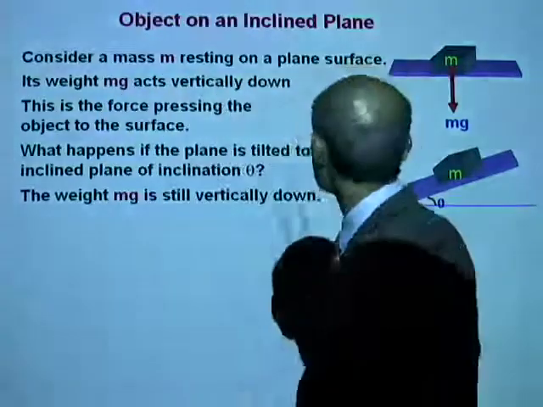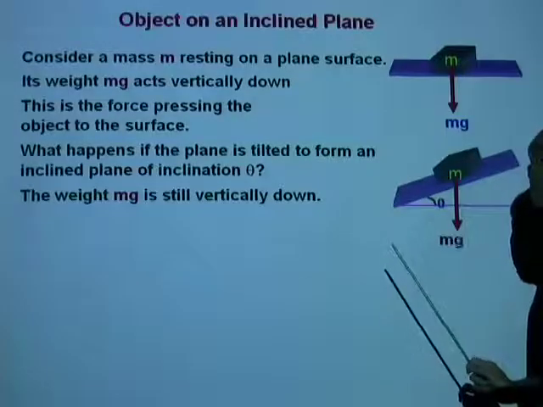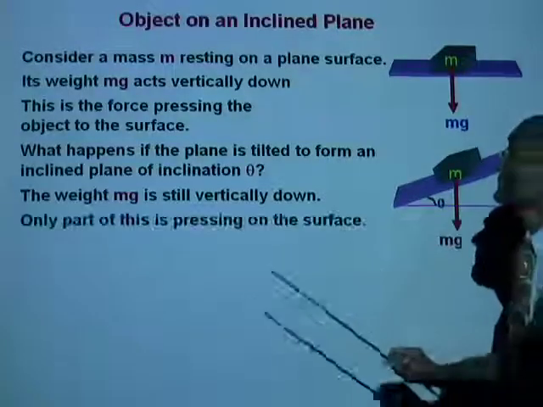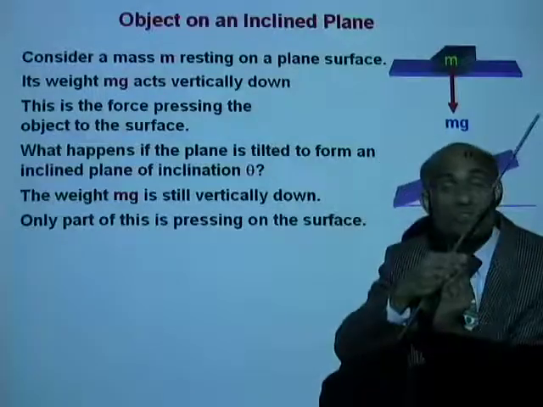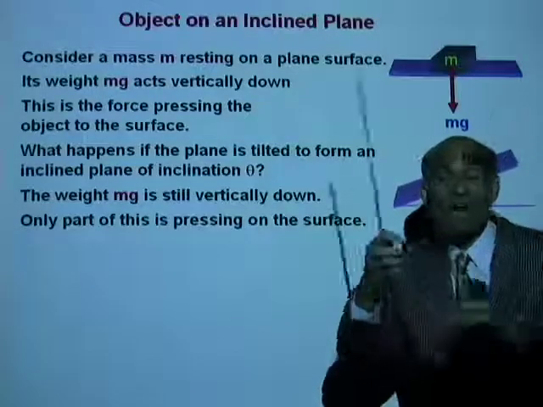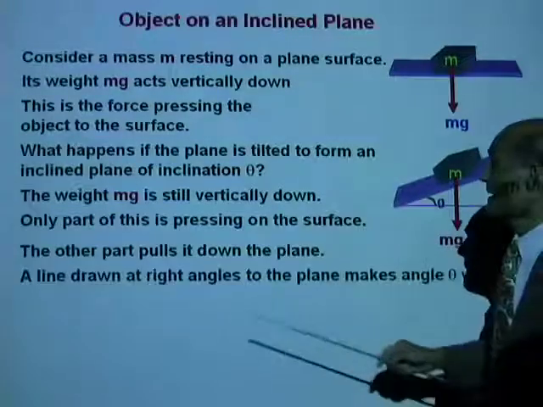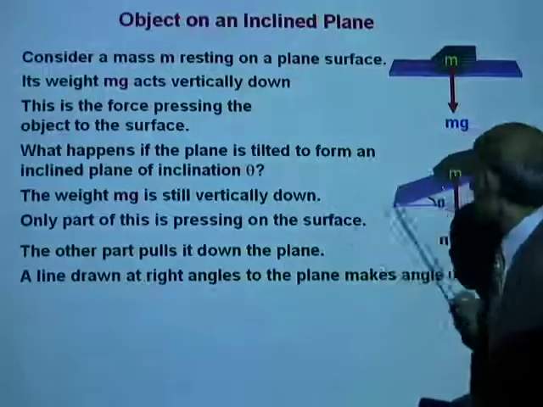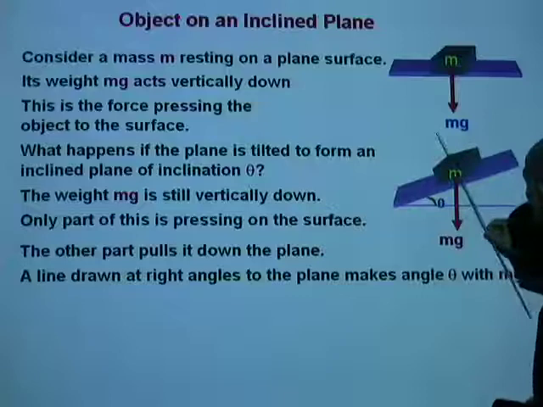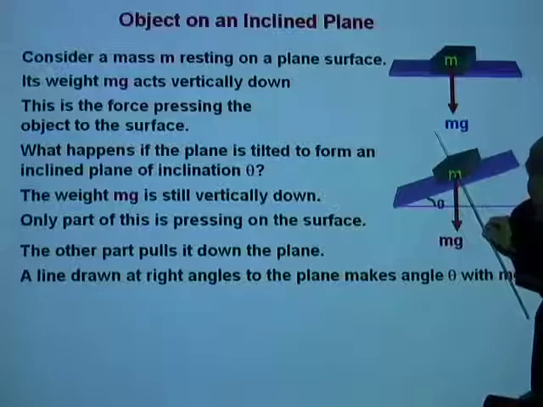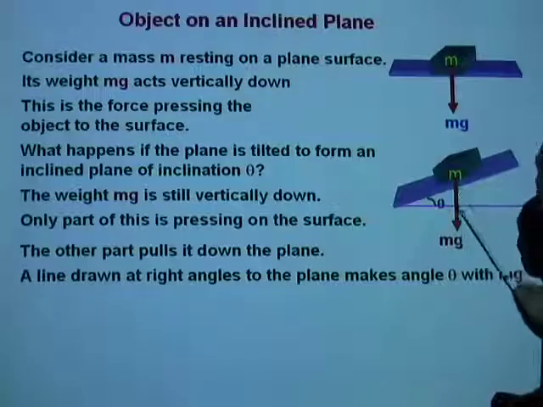So what is the direction in which I can draw the weight vector? Look at this. The weight is acting vertically down. Only part of this weight is now pressing the two surfaces together. The other part is pulling it down the plane. Now a line drawn at right angles to the plane makes an angle with the direction of the weight.